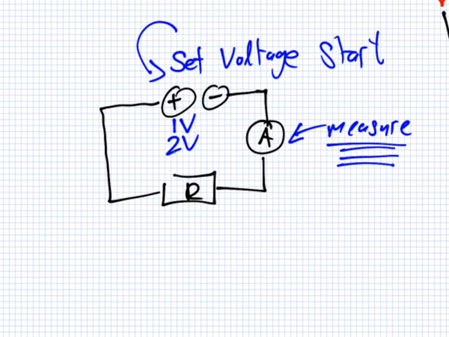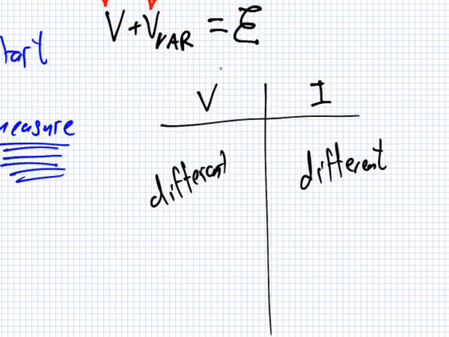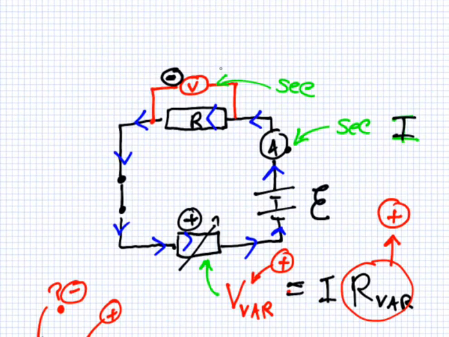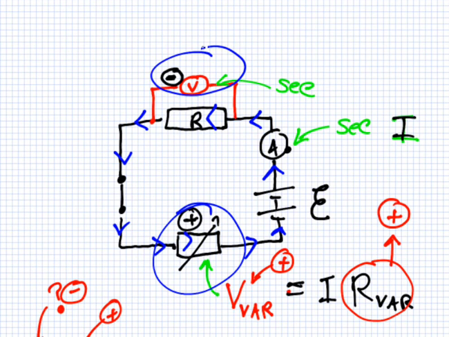If this one here increases, then my question is, what happens to this one? Very good, it decreases. Because the total must be E. The battery voltage doesn't change. This is like a fixed battery. So if this gets bigger, then this one must get smaller to keep the total the same.